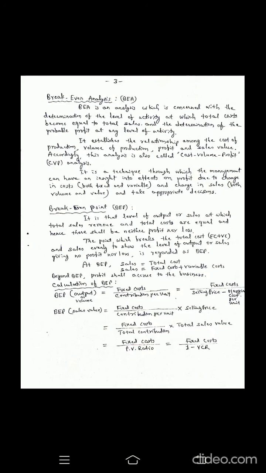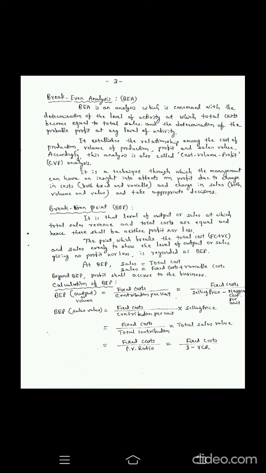Friends, in the marginal costing part 1, meaning of BEP was explained. In this part 2, various formulae to calculate BEP have been explained with an illustration. BEP can be obtained or calculated in terms of volume or in terms of value.